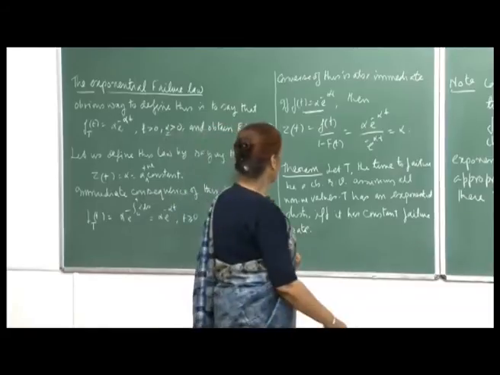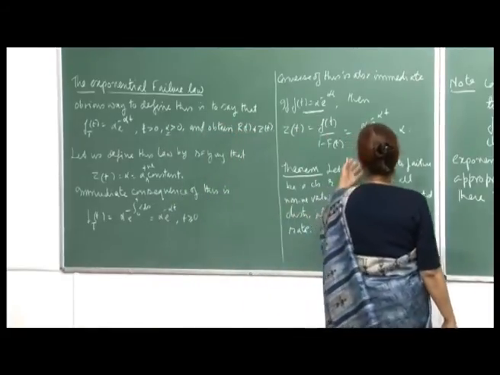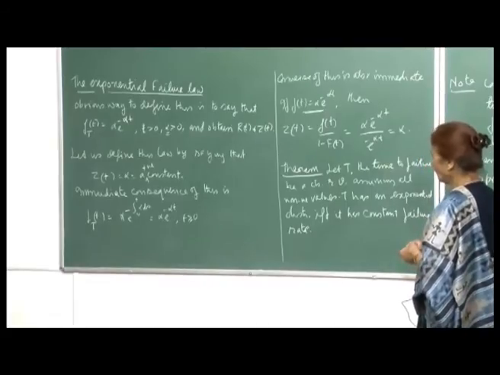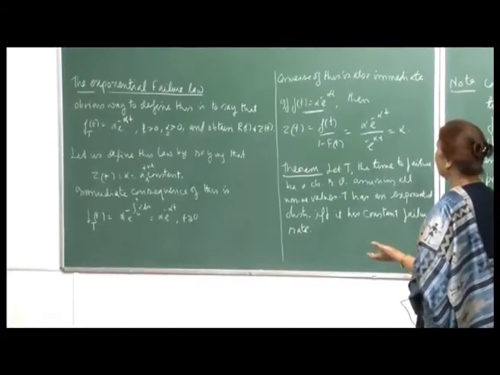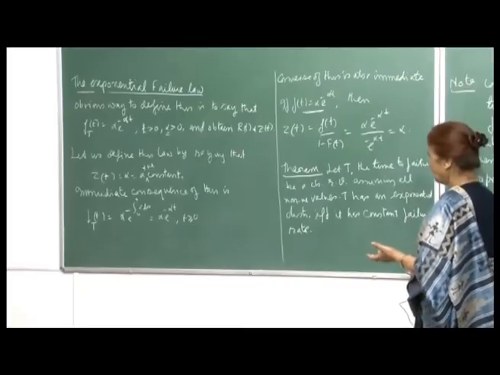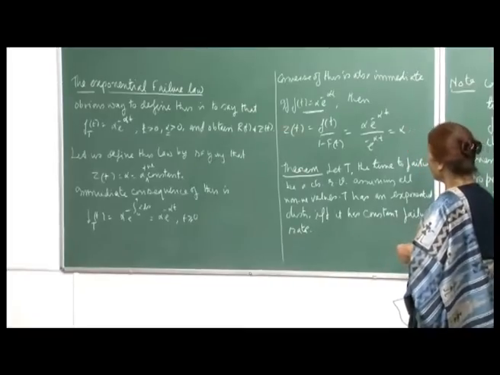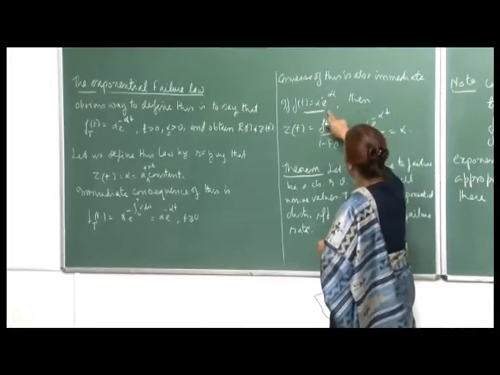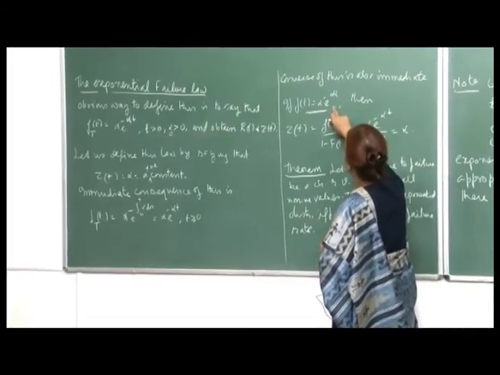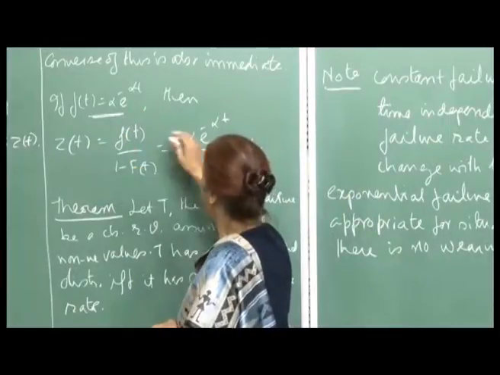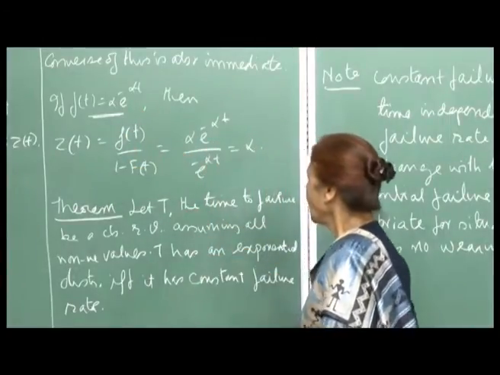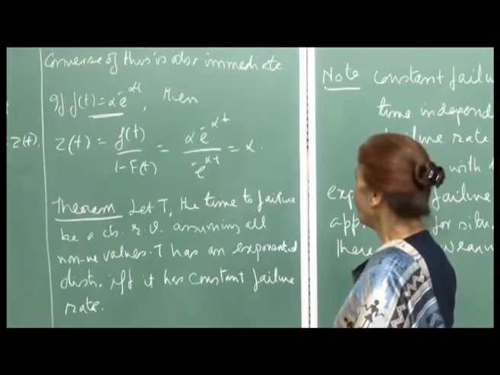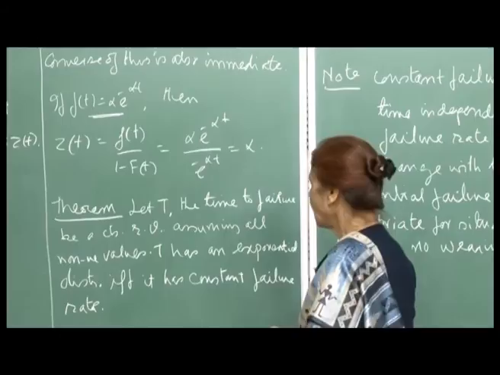So, now we can write down this theorem, because I have shown you both ways. For a constant failure rate, the only PDF that can be there is the negative exponential, and if the PDF of the lifetime random variable T is negative exponential, then the failure rate has to be a constant. So, we have the theorem: let T, the time to failure, be a continuous random variable assuming all non-negative values.